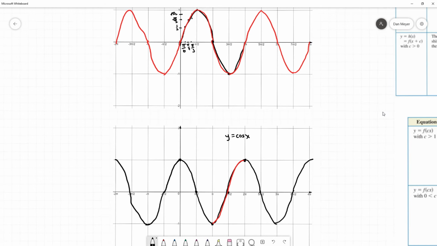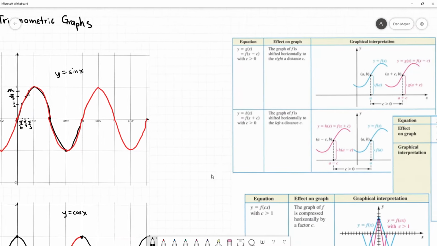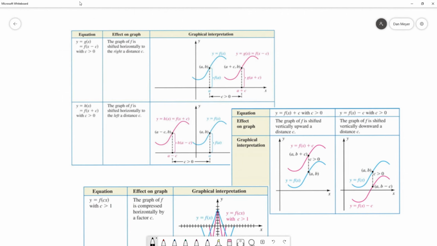Now, we're going to be using these graphs, and we're going to be applying graph transformations. So if you go back to section 3.5 in your textbook, where you initially learned about graphs of functions, that's where I grabbed all of these little tables.